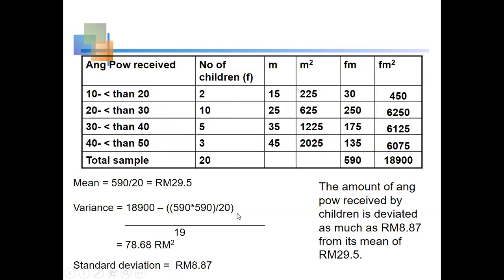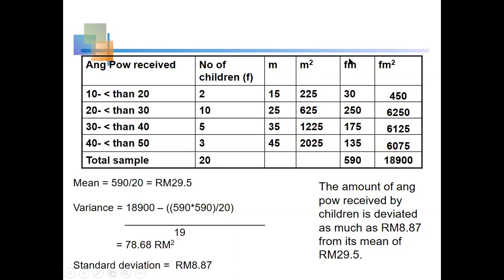Then your formula will be similar to what I have shown you. Sum of fm. Just now it was x, now it becomes m. Because we have m square, you need to square the midpoint. So 15 square will be 225, 25 square will be 625, 35 square will be 1,225, and 45 square will be 2,025.